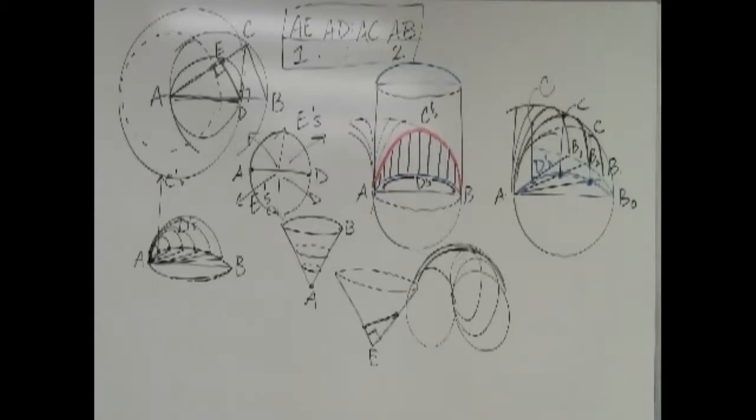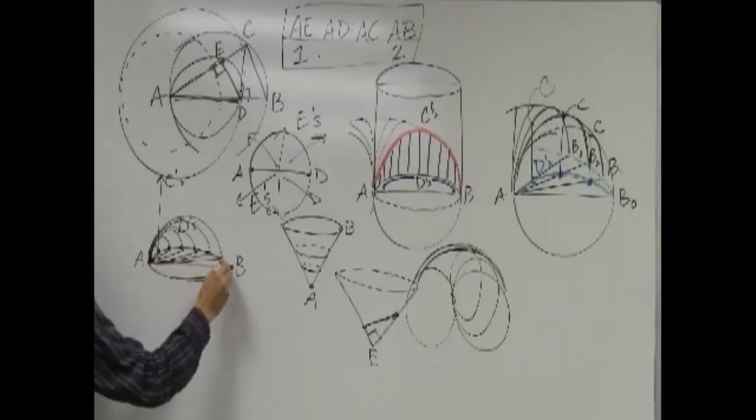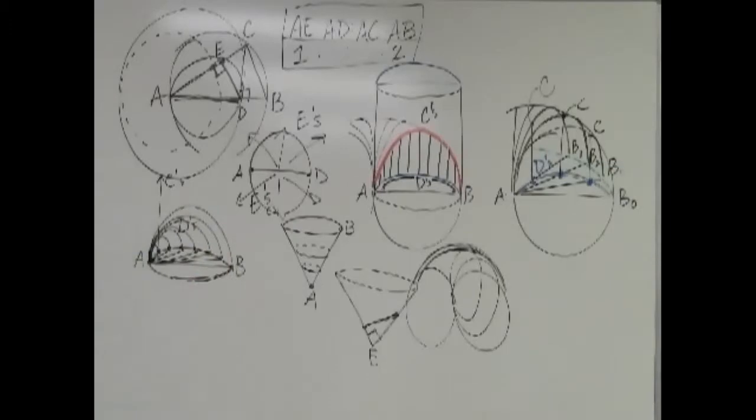Well, think about this. What happens when D gets to B? Always push something to the extreme to find out what you're dealing with. That would be the same size circle as the equator circle. It'd be the exact same circle as AB is on.